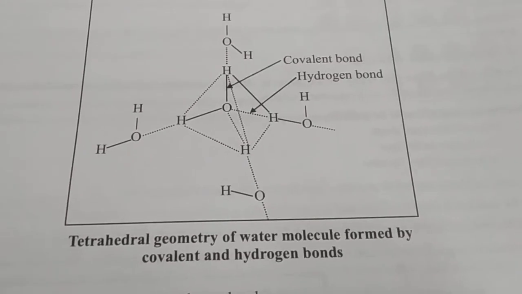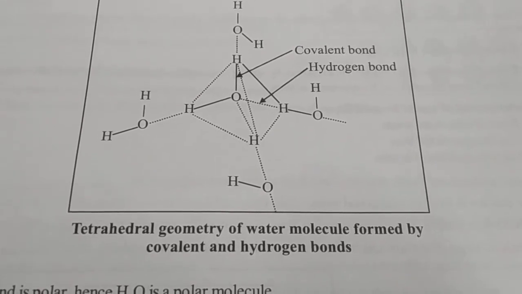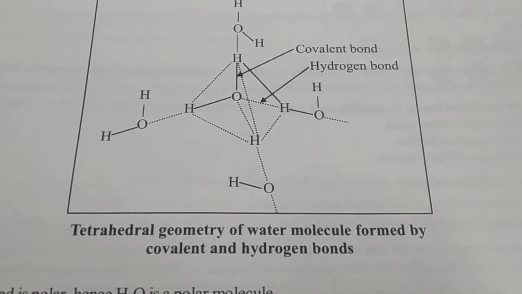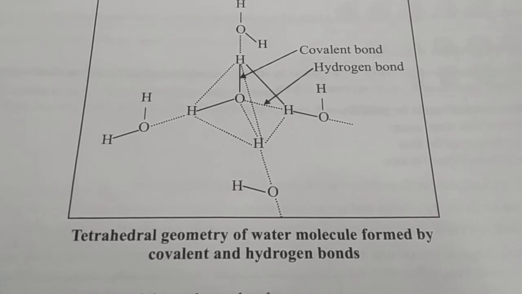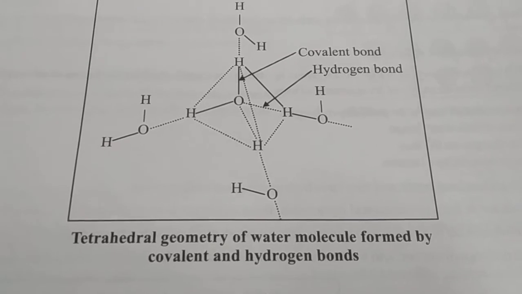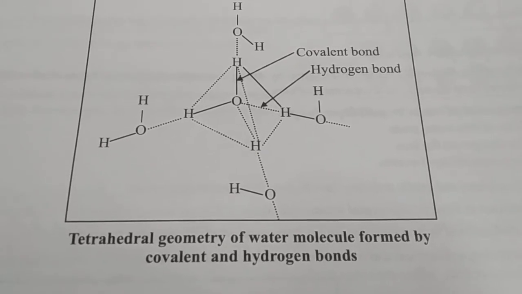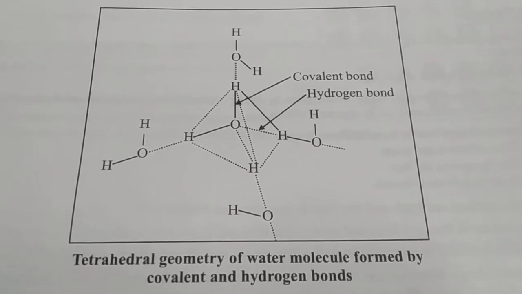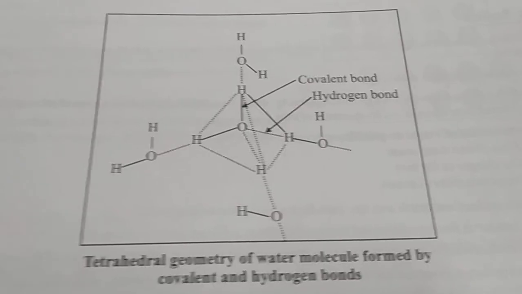So this is the structure of the water molecule. Tetrahedral geometry of the water molecule is formed by covalent and hydrogen bonds. The dotted lines are for hydrogen bonds, and the solid lines are for covalent bonds. This diagram can be asked in the exam.